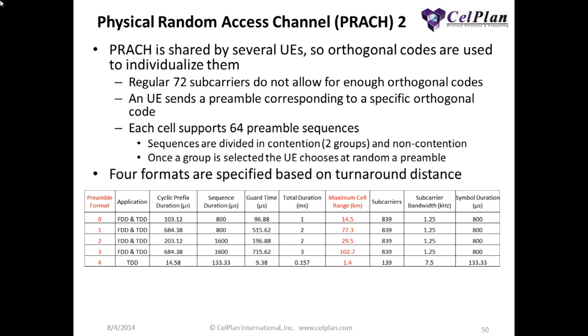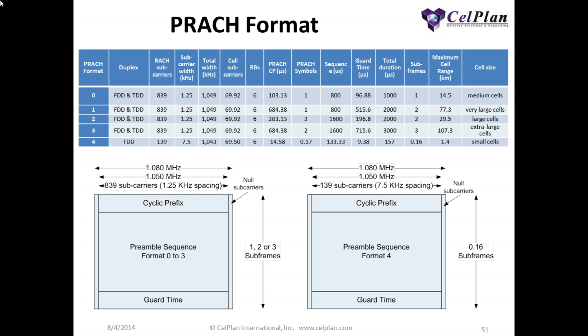So basically format is connected to the size of the cell and is something that is defined for the cell. So a cell will use one of those preamble formats, and that's why it's very important to understand what the format means, how it was designed, so the designer can choose one of those formats that is the best fit for it.